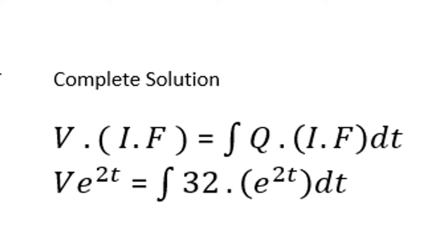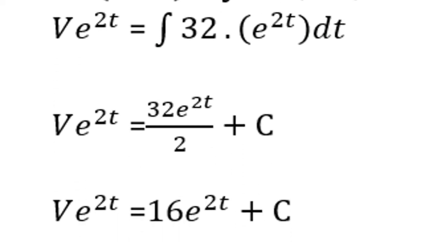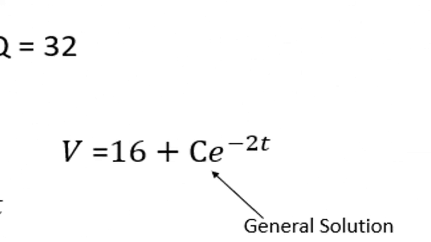Once we finish integrating, we get V e to the power of 2t equal to 16 e to the power of 2t plus C. But this is not the final answer because this is a general solution. So how do we get the particular solution?